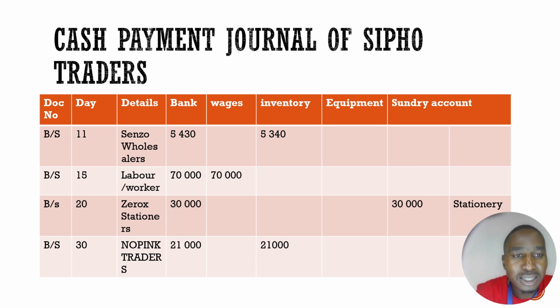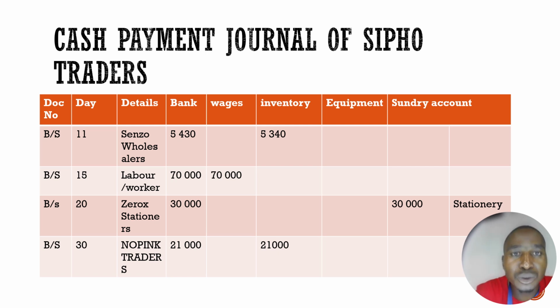And then you write the day, the 30th, and then you write the company's name where you bought inventory from, or trading stock from. You bought trading stock from Nopingi Traders. And then I said bank is always affected, so therefore we should write 21,000 under the bank column. And then you write 21,000 under the inventory column, because inventory and trading stock is the same thing. And then you are done with that transaction.